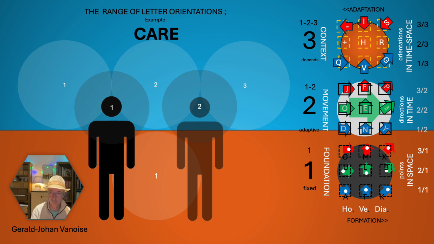And I will make that difference between car and care in that way, that these vocals tell you about the range of what I'm focusing upon. That range of the full letter orientation can change the whole lot.